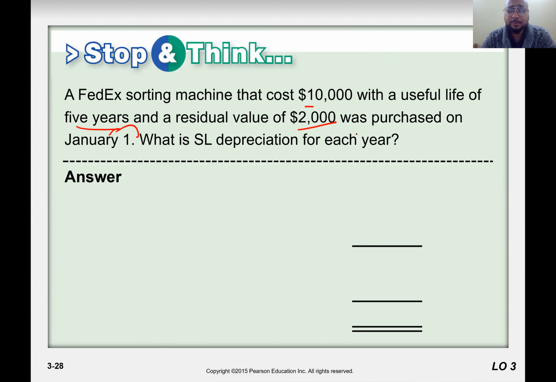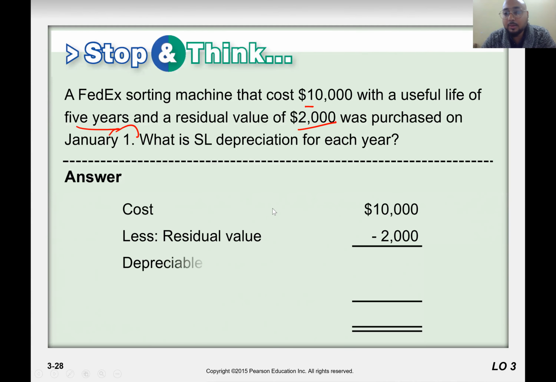So what is the formula? Cost minus salvage value or residual value, divided by the useful life in years. So the answer would be 10,000 minus 2,000 residual value, 8,000 is the depreciable value, divided by life.